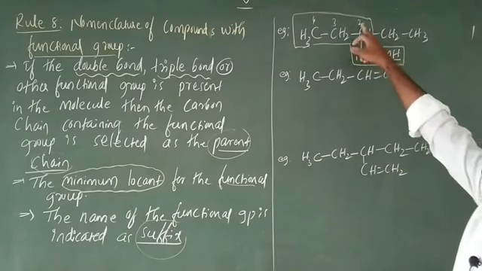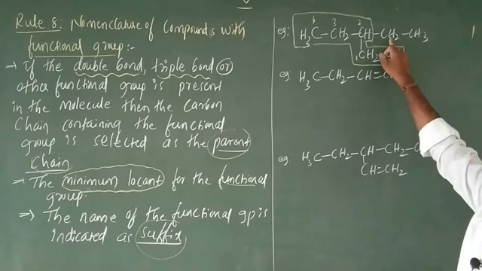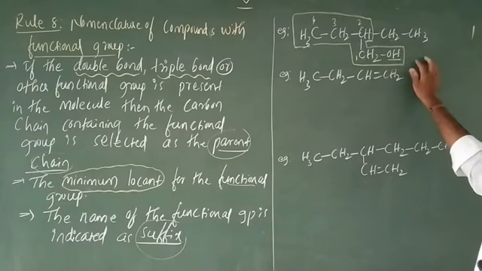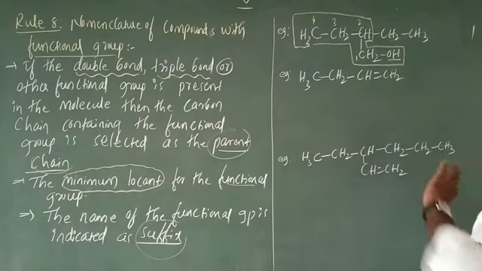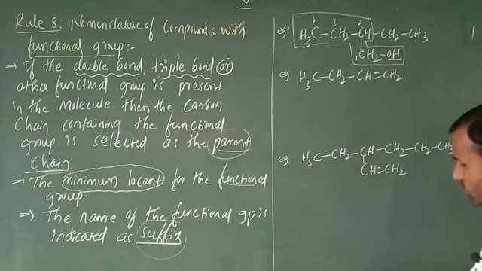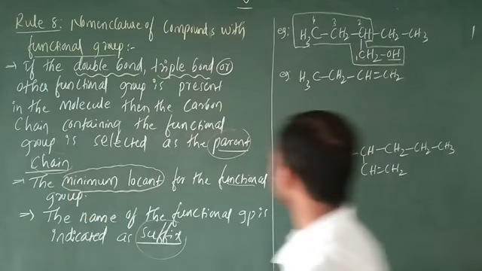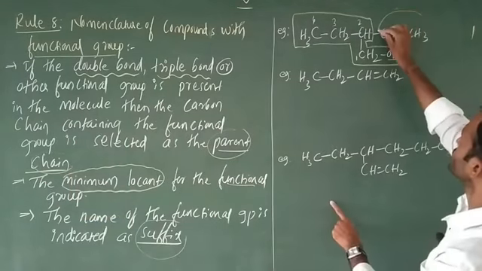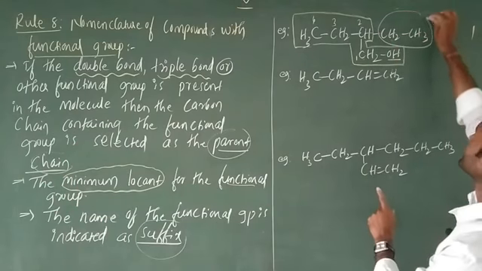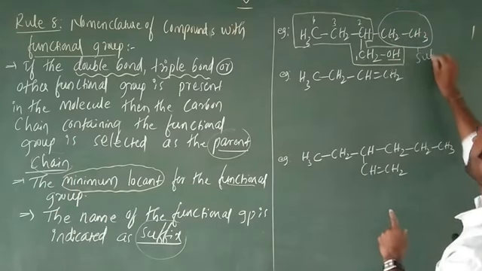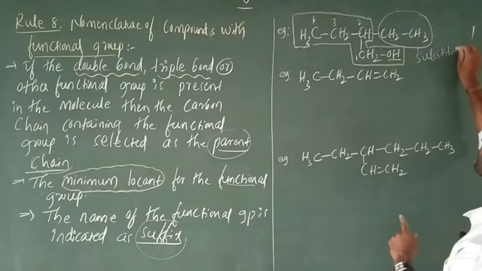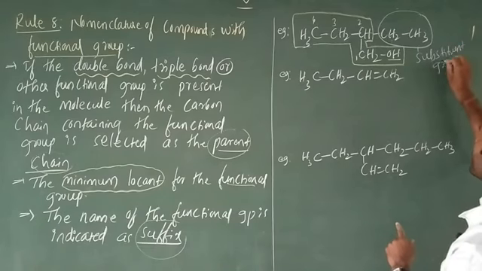The second position has an ethyl group. So this indicates 2-ethyl. First we consider this as a substituent group. This CH2CH3 acts as a substituent group.